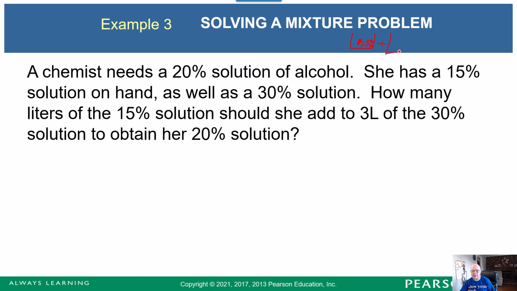She's going to add it to something that has a 30% solution, and we're going to end up with one that's in the middle at 20% solution. Notice 15, 30, the 20 is between those two. Now, the question is, how many liters of the 15% solution should she add to the 3 liters of the 30% to get her 20% solution?